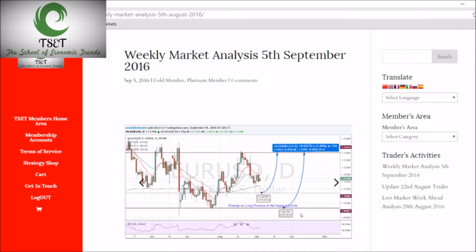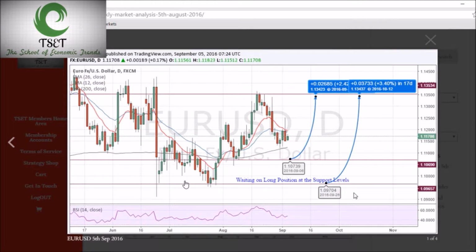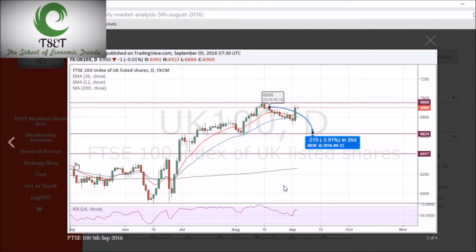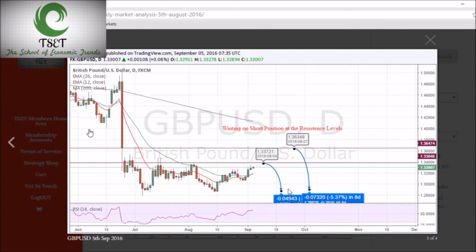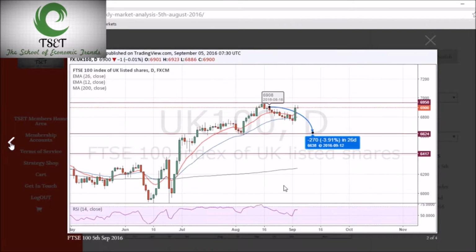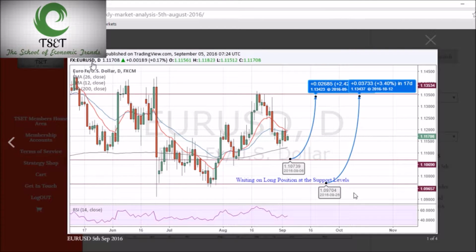Okay, so I put all the pictures up with entry and exit levels. We're looking at Euro versus USD. We captured 130 points. However, we are still waiting to hit the next support level, which is 1.1069.